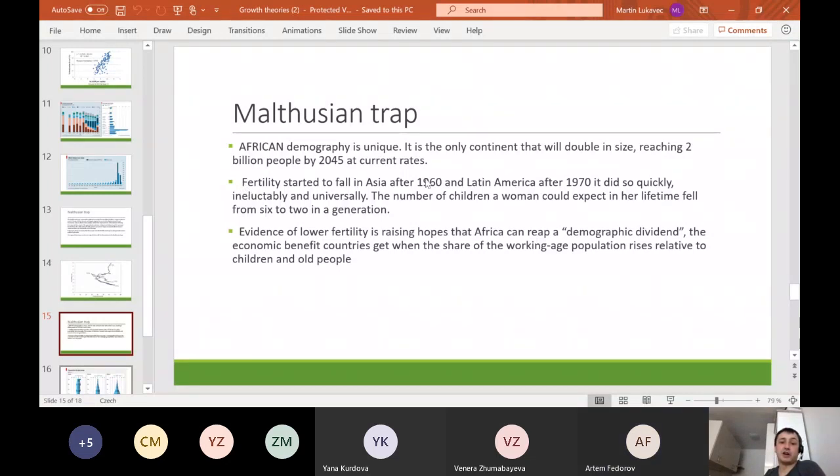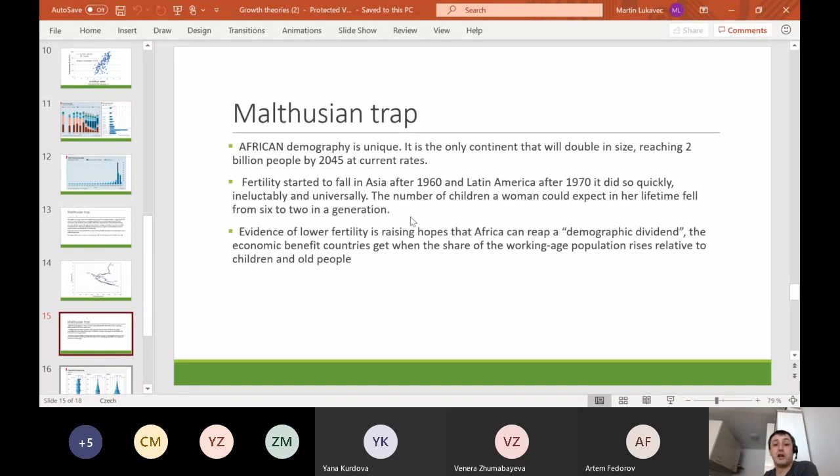Fertility, which in Asia was really out of hand in 1960s, started falling after the 1960s, and in Latin America in 1970s. It did as well, and the number of children per woman basically in the scope of one generation came back from 6 to 2.